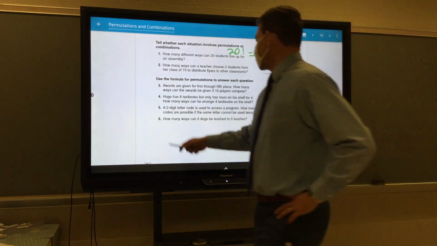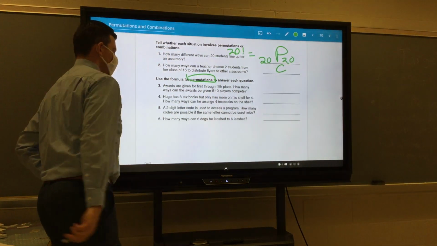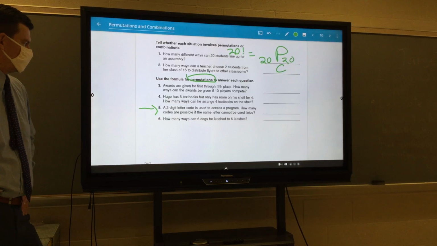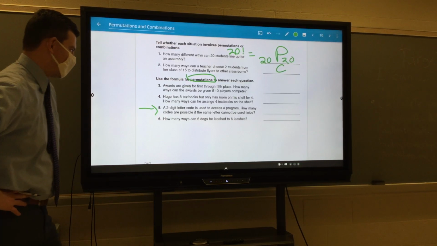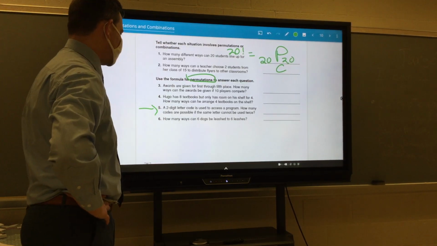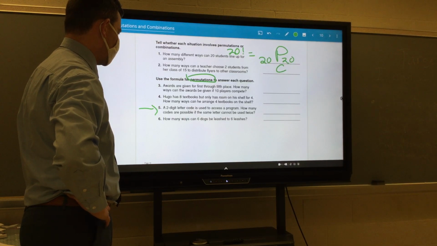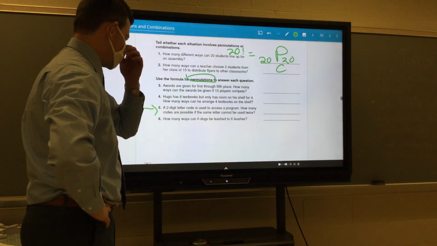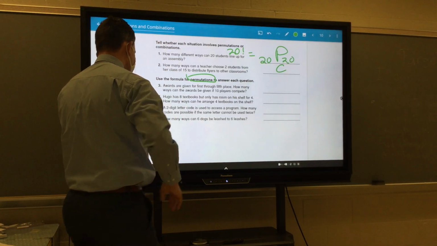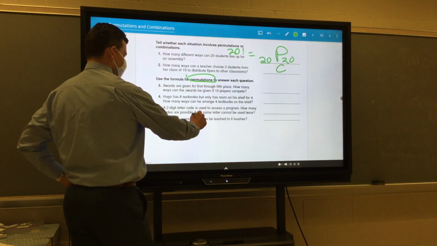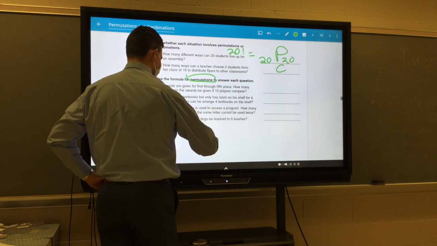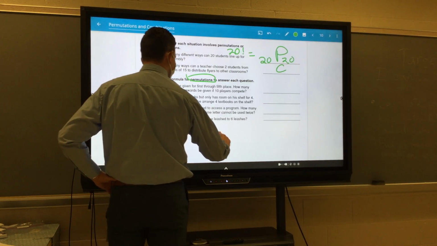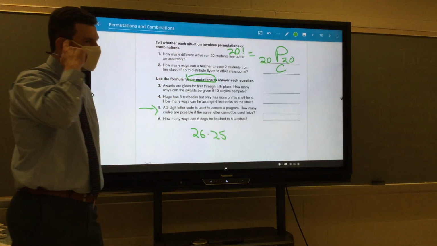We are told that these following problems are all permutations. Here's an example right here. A 2-digit letter code is used to access a program. How many codes are possible if the same letter cannot be used twice? Well, a 2-digit code isn't exactly like cracking into Fort Knox here, but the same letter cannot be used twice, so you have 26 options for that first one and 25 options for that second one.